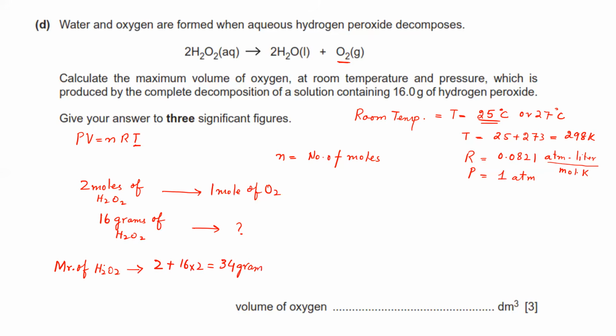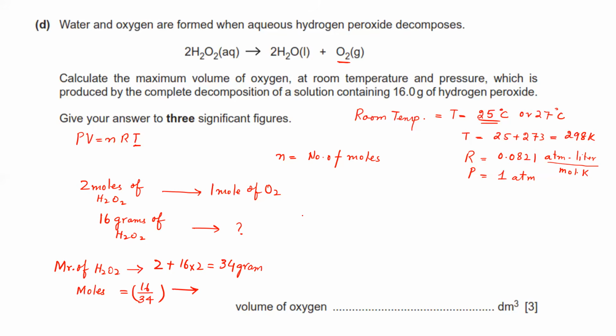So for 16 grams, moles, we have 16 divided by 34. So these are the number of moles, and this will produce oxygen.